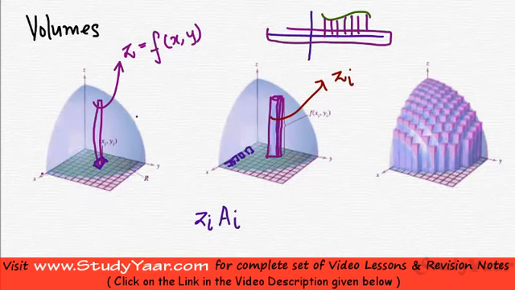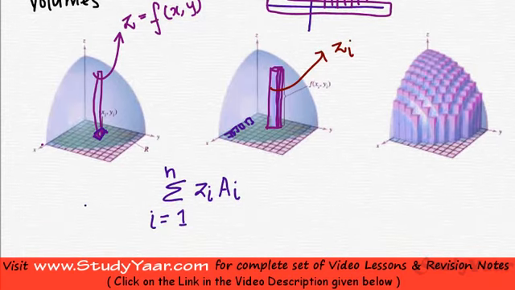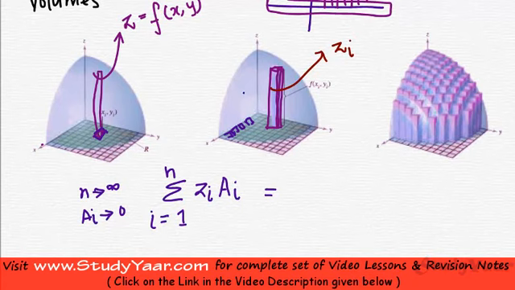So the sum from i equal to 1 to n gives me the volume under the surface above the xy plane. Now if I make n tend to infinity and make all these small areas tend to 0, then I get the exact volume under this surface above the xy plane.